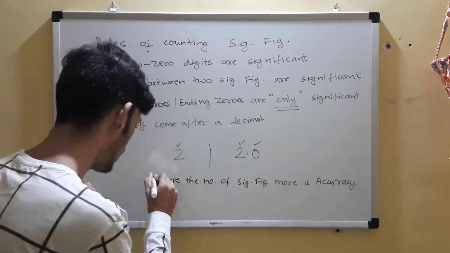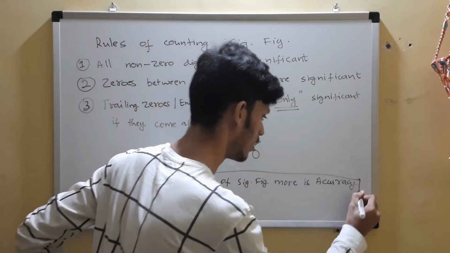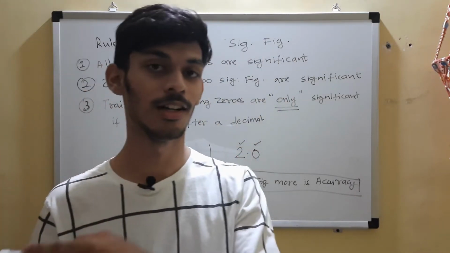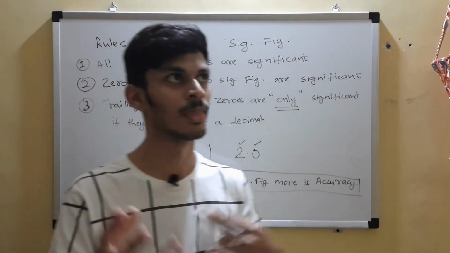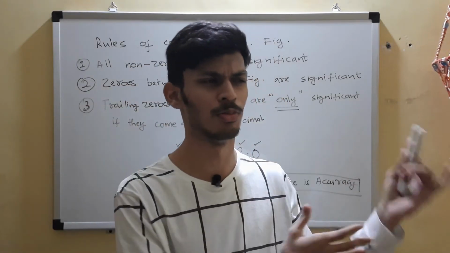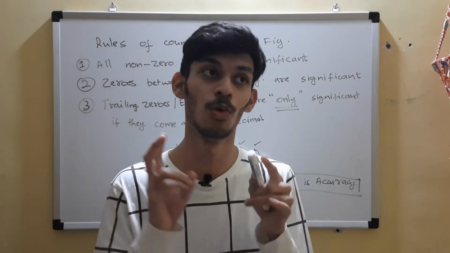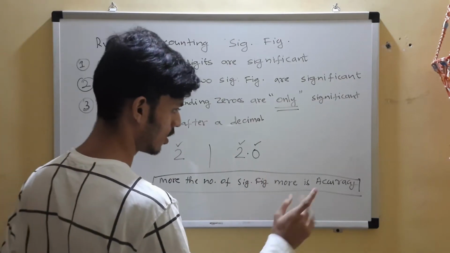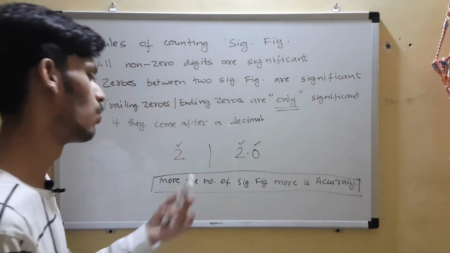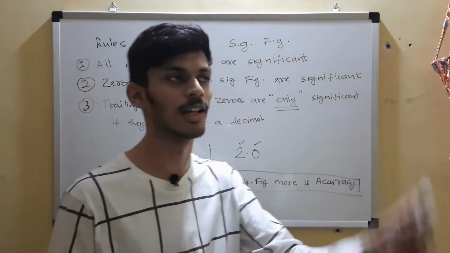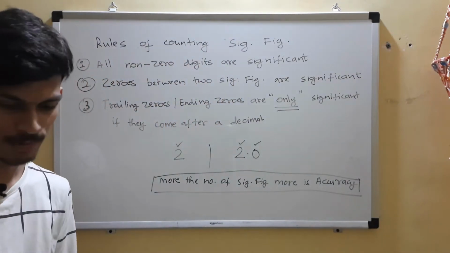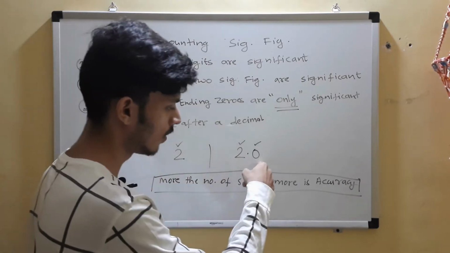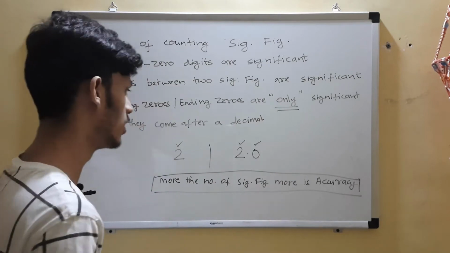So remember this statement. This is not a rule, but it is a golden statement, if you want to call it that. The more the number of significant figures, the more is the accuracy. They might give you a question having three options and ask you for the most accurate one. So you have to select the one which has the most significant figures. Hope you got the idea why this 0 is significant, and this is a golden statement.